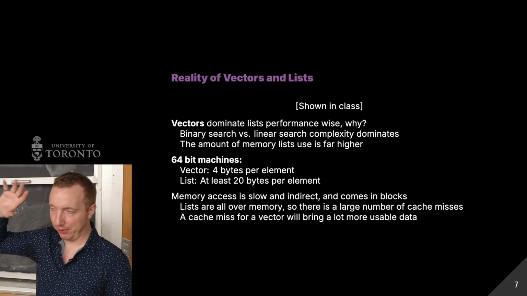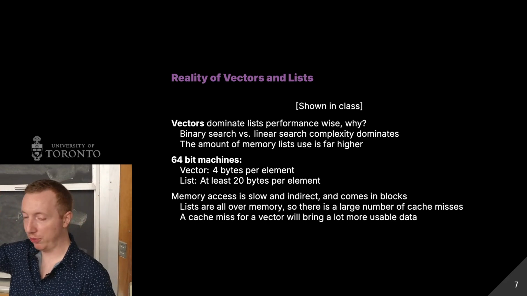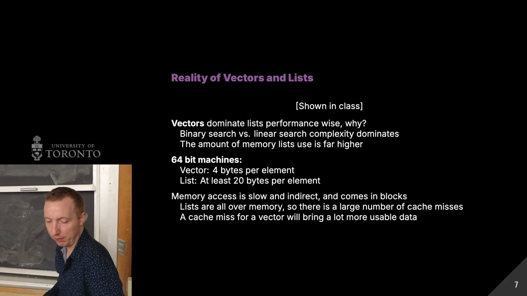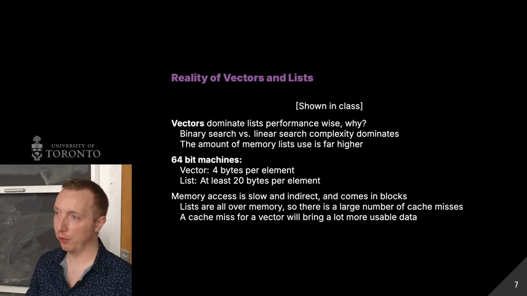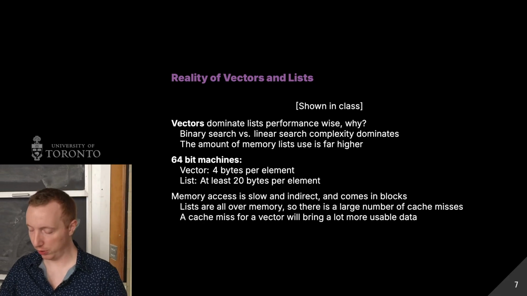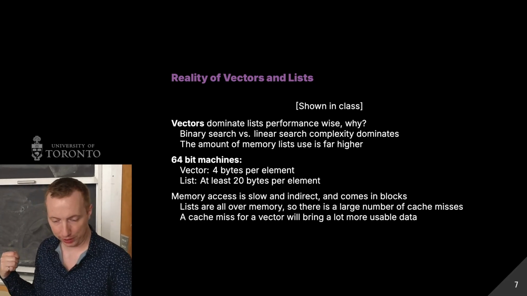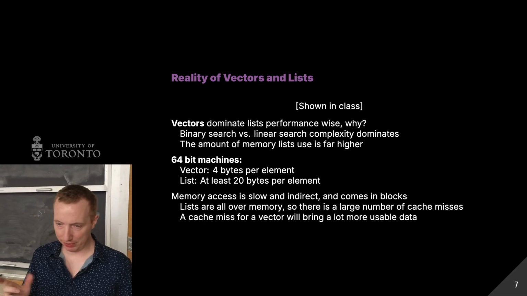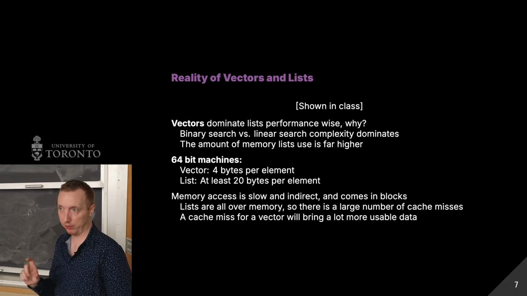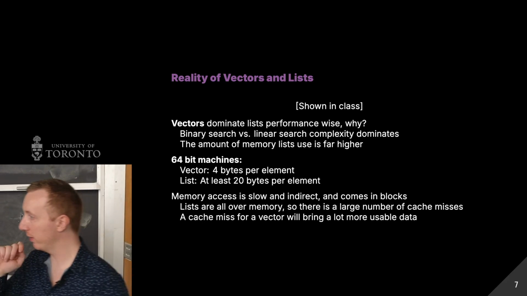And the reality, for the most part, in the most general case, is that vectors dominate list performance. Why? Mostly because of cache misses, and I'll show you proof of that. Turns out I can't show you that well in a virtual machine, but basically binary search compared to linear search dominates.